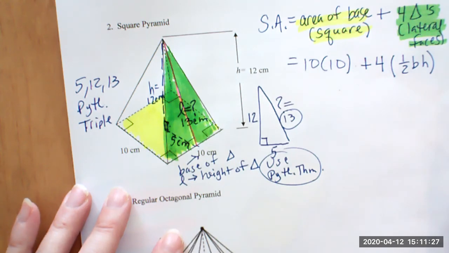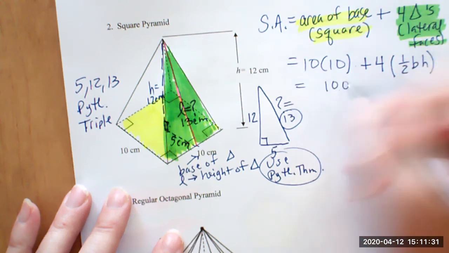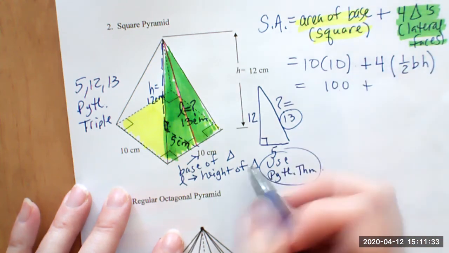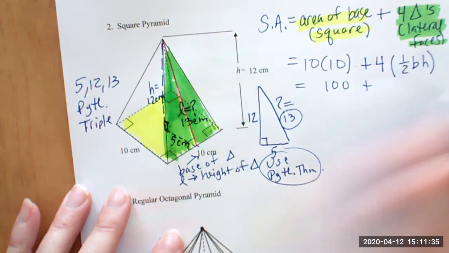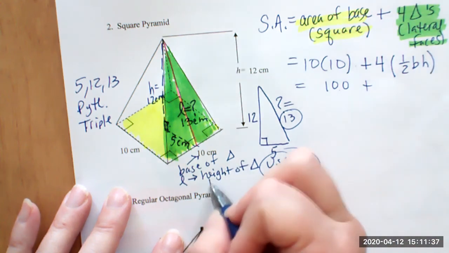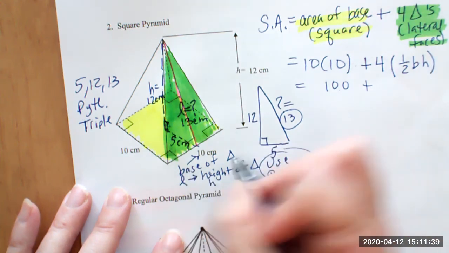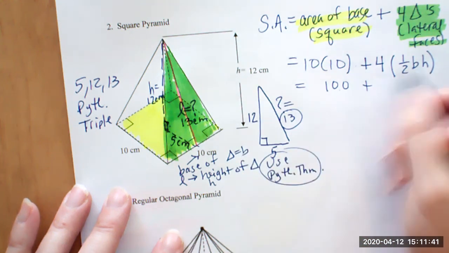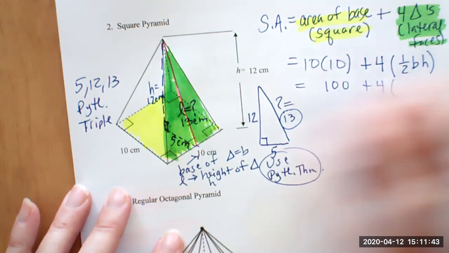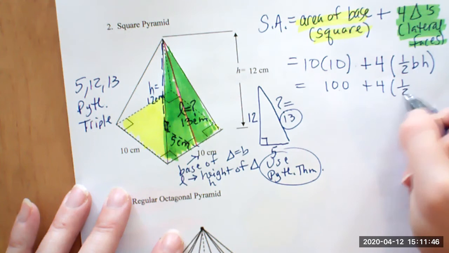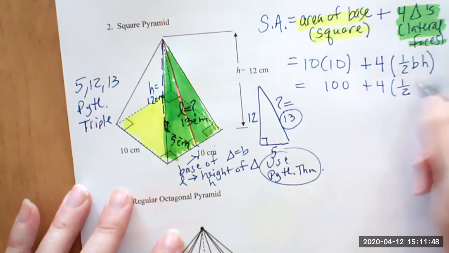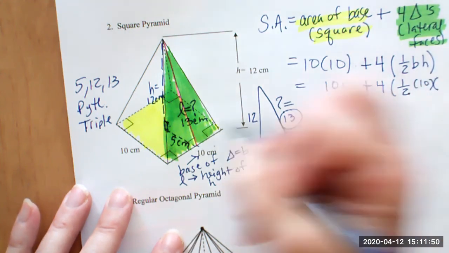And so now I can fill in what I need in my formula here, right? So remember the L is the same as the height of the triangle. That would be the H. Here's the base of the triangle, which is B. So I have 4 of those triangles, 1/2 of the base, which is 10, times the height, which is 13.